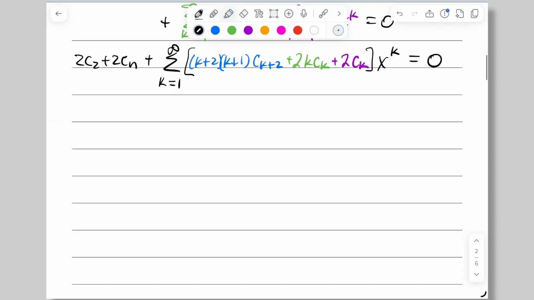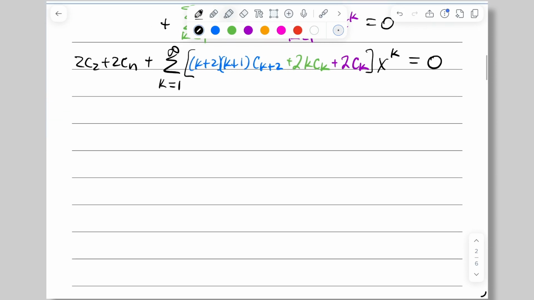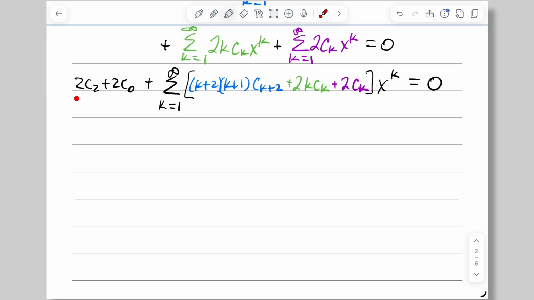And this is the point where it's really important to understand the importance of the 0 on the right-hand side. What we're looking at is 2c2 plus 2c0. I had that as cn, but it should have been c0. That's a constant term on the left-hand side. Then when k equals 1 for the sigma expressions, x to the k would be an x term.